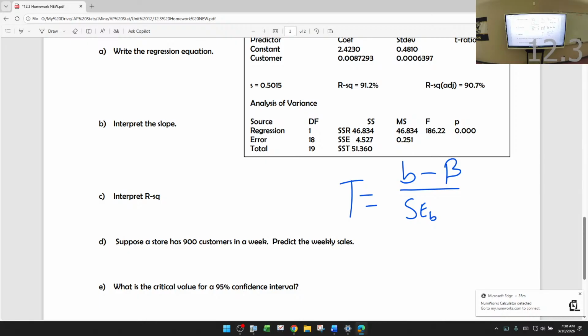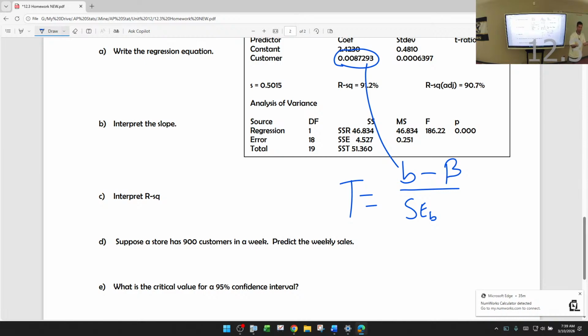Say that one more time, I'm sorry. Write this with those numbers. So B is the slope, which comes from right here. Beta is what H0 is, and again, H0 is 0. We think there's no correlation, so there's no slope. And then HA is we think there's a positive correlation, or a negative correlation, or there is a correlation.